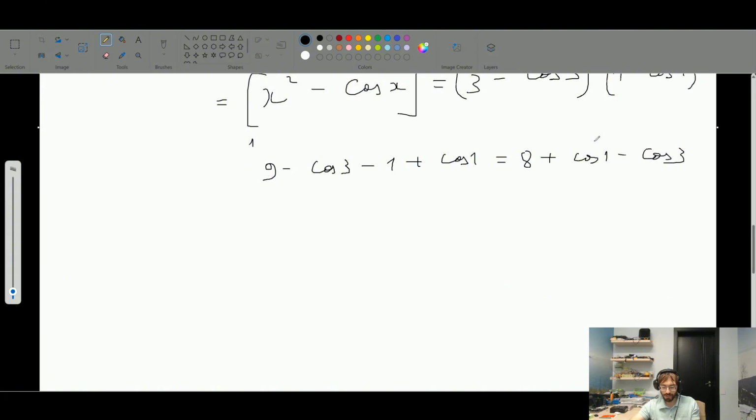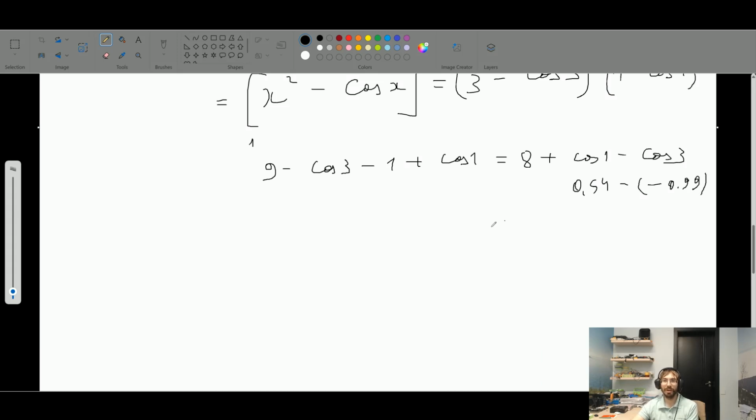And then I'm putting cos of 1 radian. It will be 0.54. And then cos of 3 radians will be minus 0.99.